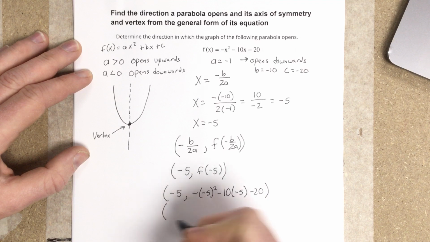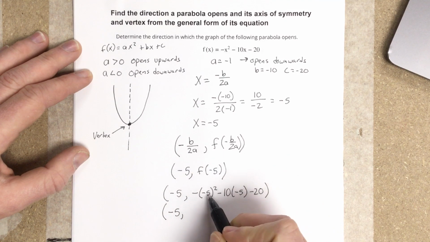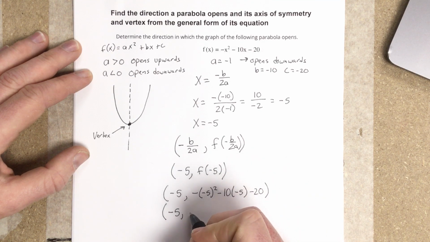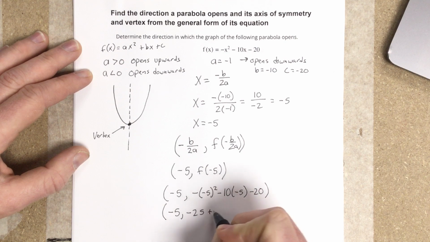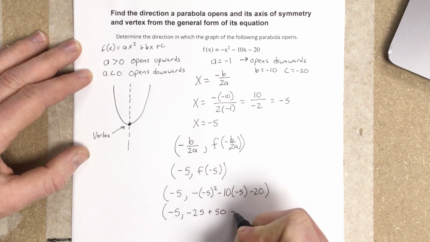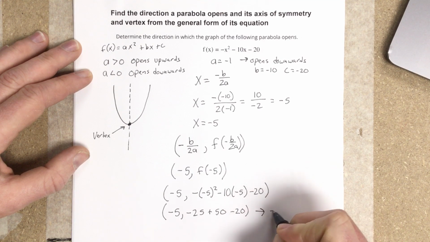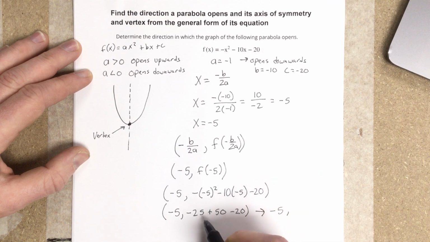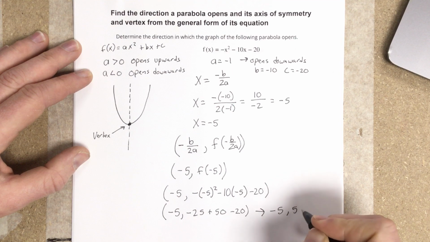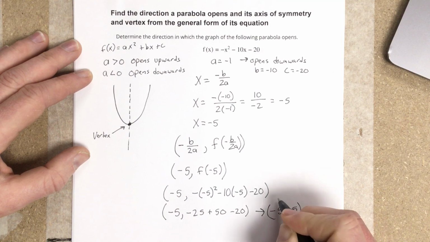So I end up with the vertex being -5, comma, this would be 25, but it's a -25. So I get -25 plus 50 minus 20, which is going to give us -5. When I combine these together, that's -45 plus 50, so you get 5. So -5, 5 is the vertex.